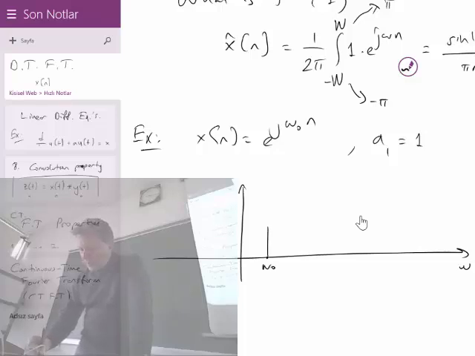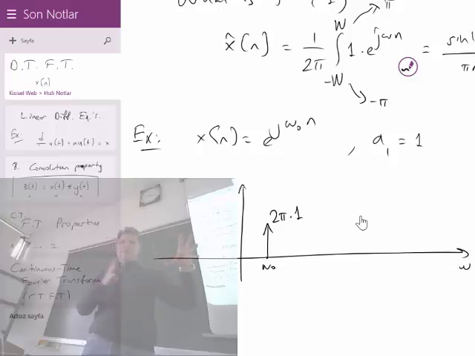So we put an impulse here whose magnitude is 2 pi times 1, which would automatically make a 2 pi, because the Fourier series coefficient was 1. So we insert this impulse in the position of the Fourier series coefficient. If you have a minus 1, then you are supposed to put a 2 pi impulse at minus omega 0, not only omega 0, but minus omega 0 too. So this is omega 0.